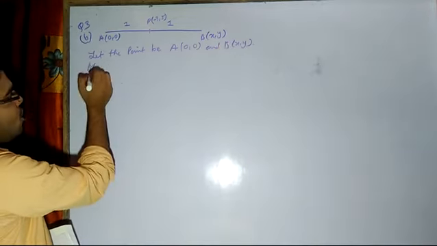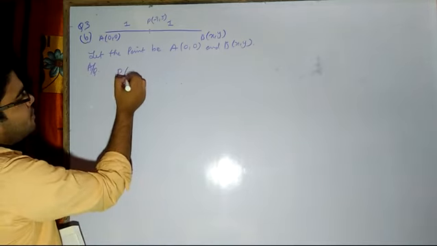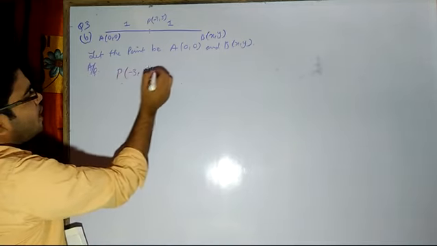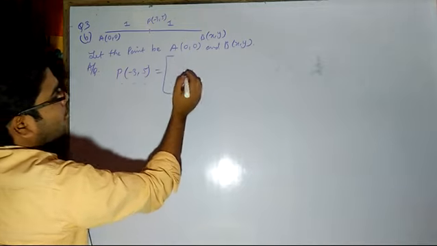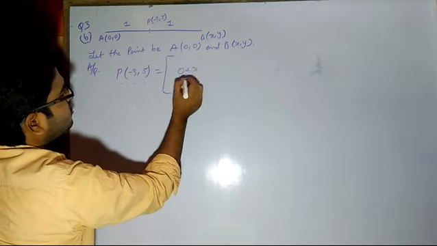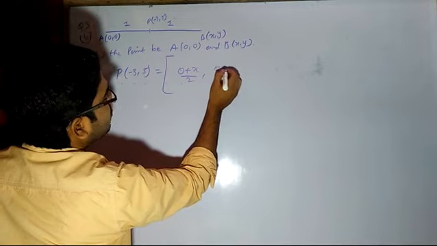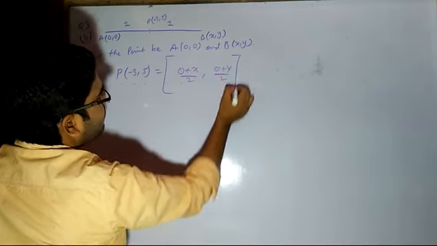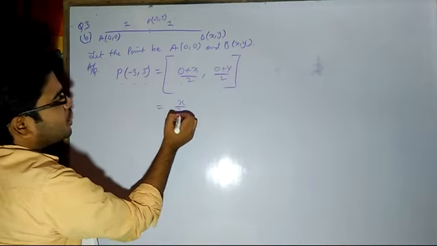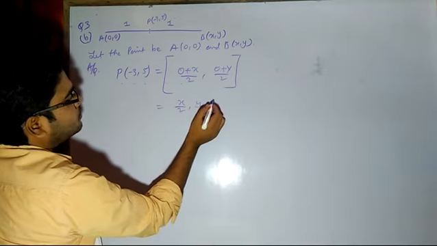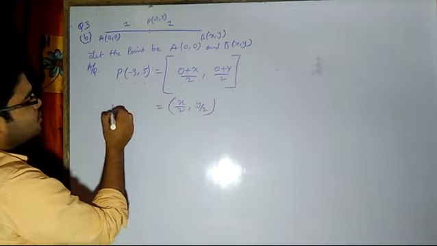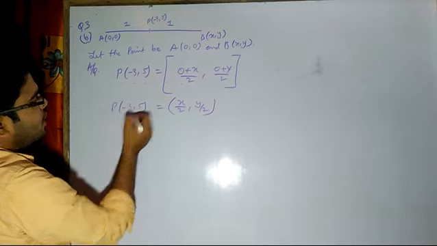Then you can write according to the question P(-3, 5) is equal to (0 plus x) by 2, comma, (0 plus y) by 2. That means x by 2 comma y by 2. This is P(-3, 5).